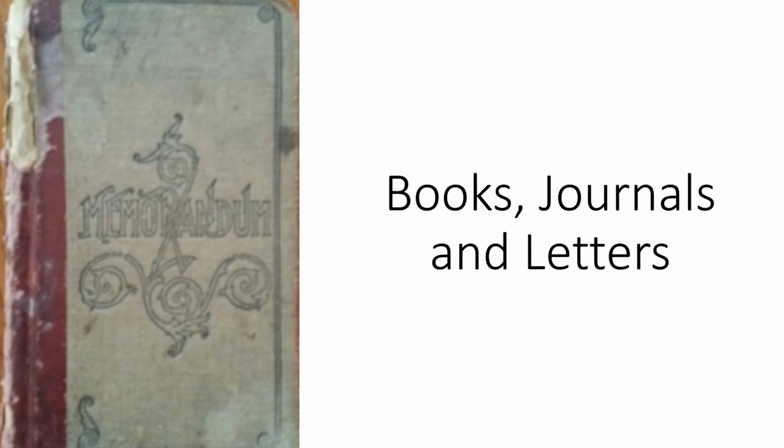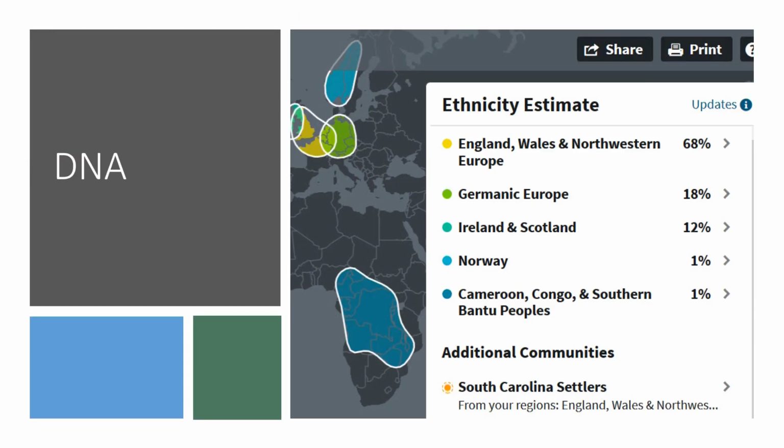Sometimes we discover that our ancestors owned slaves through reading books about them, journals, and letters that mention the slaves that were in their household. Not only have we discovered that we have slave-owning ancestors, we have ancestors that were enslaved.